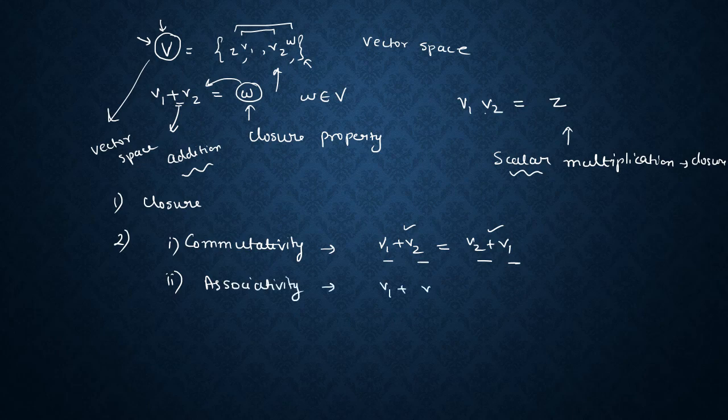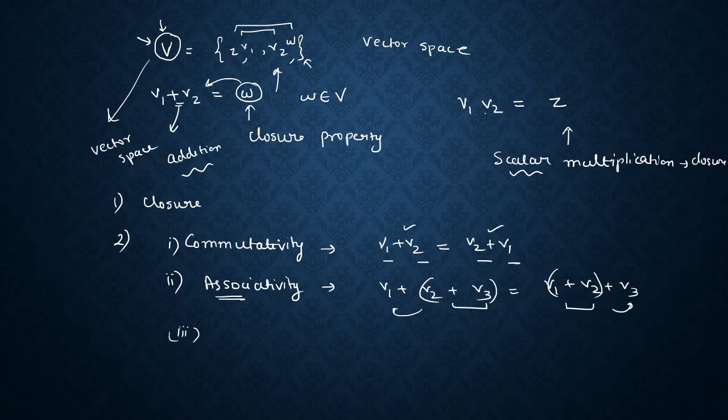That means if you have three elements in the vector space, then it doesn't matter whether you change the order. You can add the last two and then add to the first, or the first two and then add it to the third. But the result will be the same. This property is associativity, so that should also be followed.